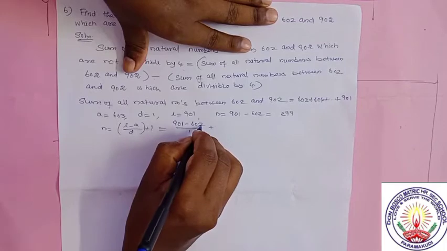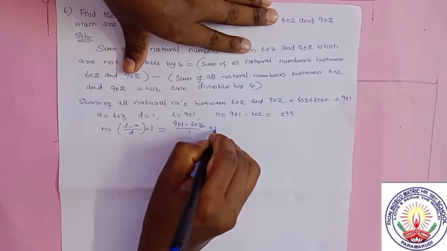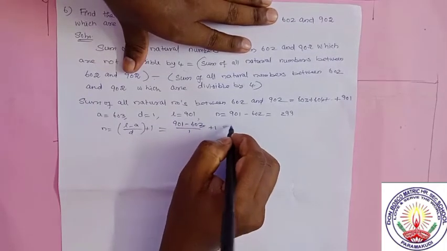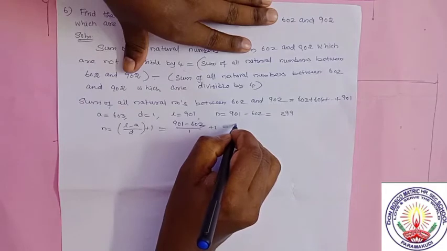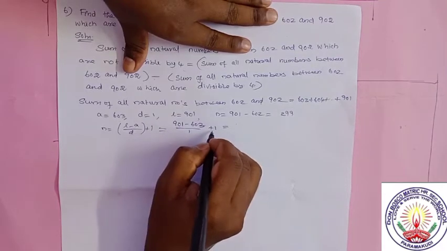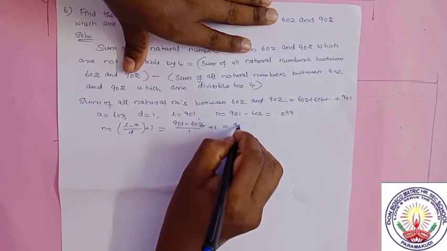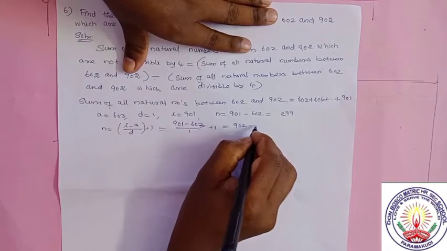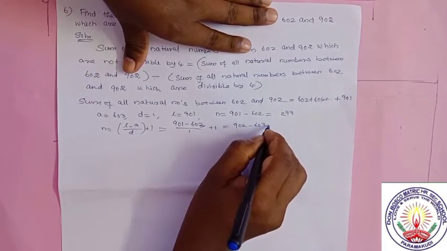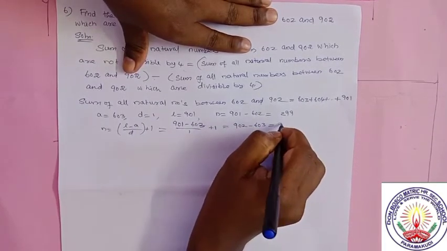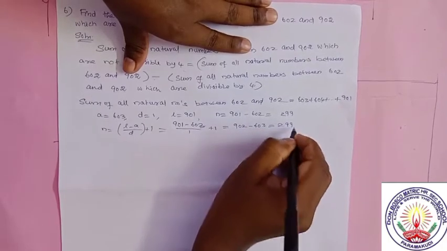So 901 plus 1 is equal to 902, minus 603. If you subtract, it is 299.